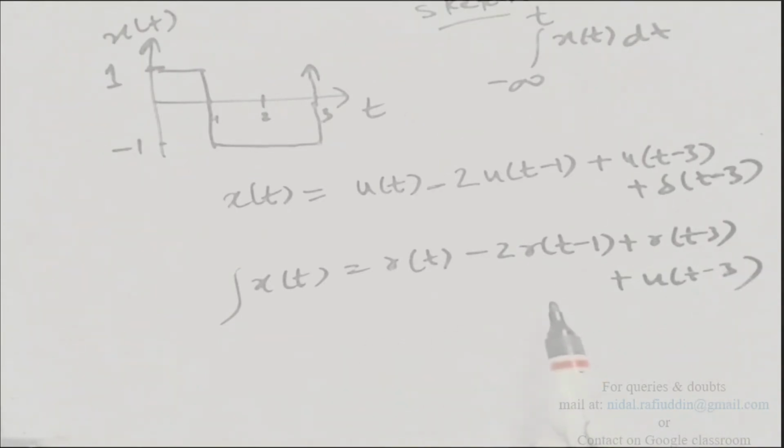So now, in the same way that we did in our previous problem, you can draw the waveform for the integration of x(t) using this mathematical expression, or you can draw the waveform directly by looking at the sketch of the original x(t). Let us try to draw this mathematically first, then we'll correlate the mathematically drawn waveform with the waveform of x(t).